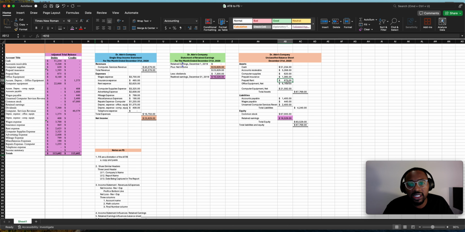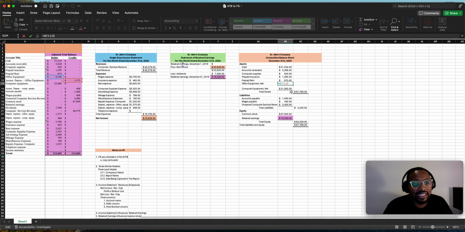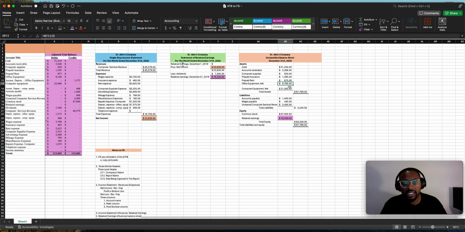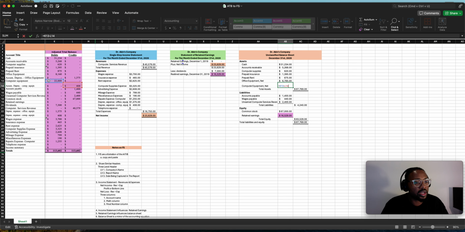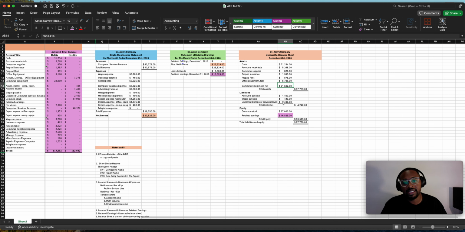So for office equipment, we took 8,160 minus 1,375, and that got us 6,785. And the same with computer. We took the original value, which is 22, minus the depreciation of 408, and that got us 21,592. So you want to pay careful attention that we have to net these amounts.